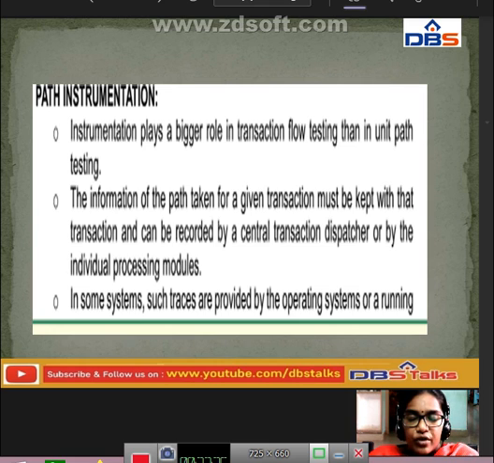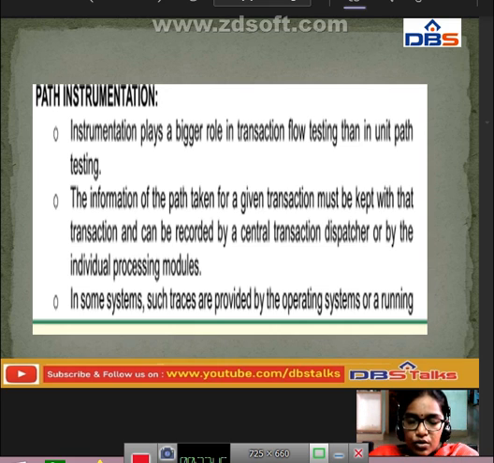The information of the particular path for a given transaction must be kept with that transaction, and can be recorded by the central transaction dispatcher or by the individual process modules.